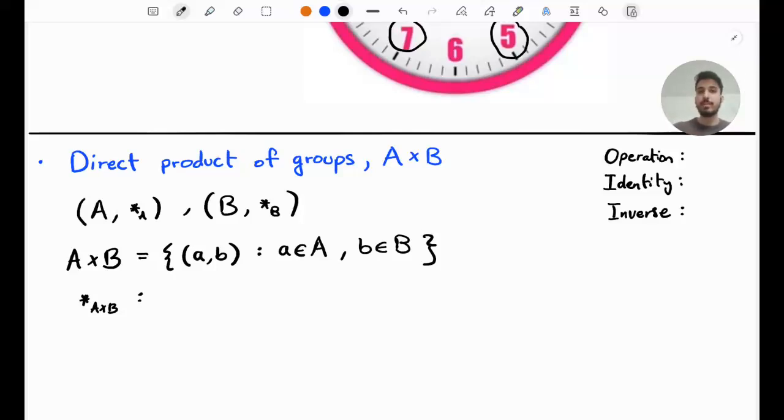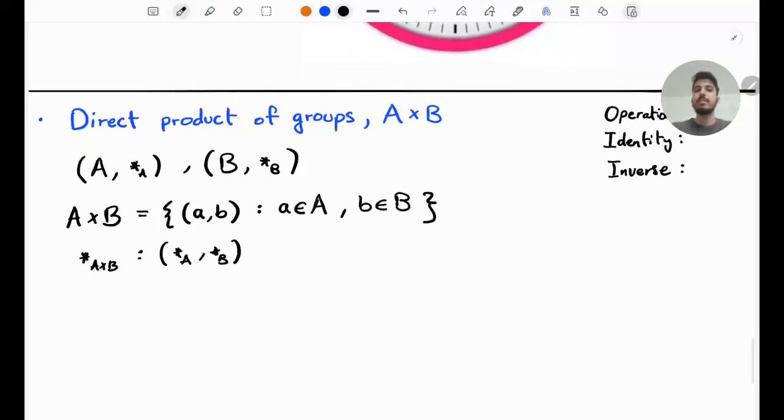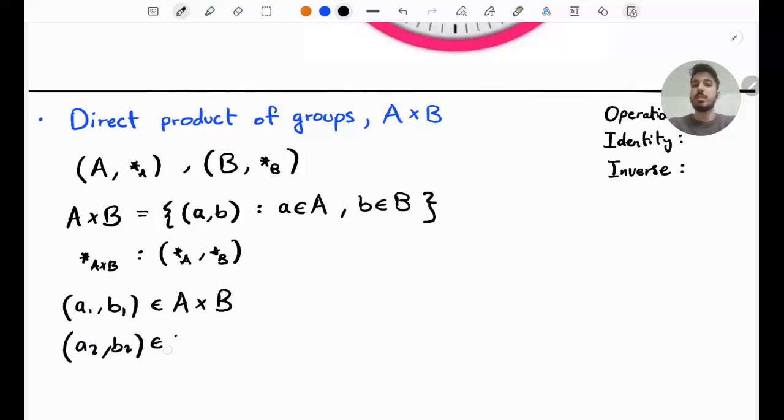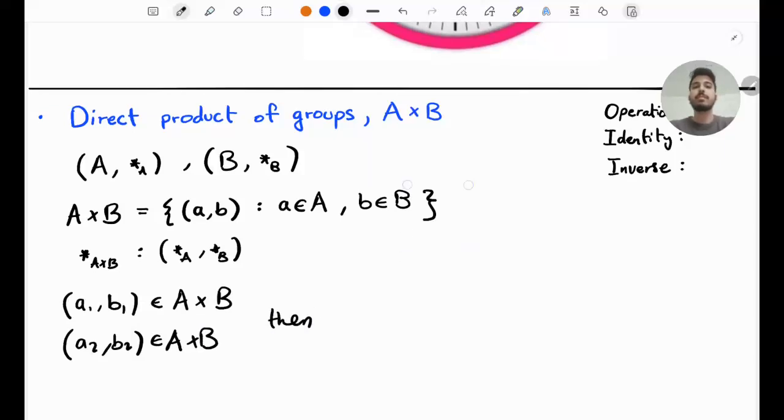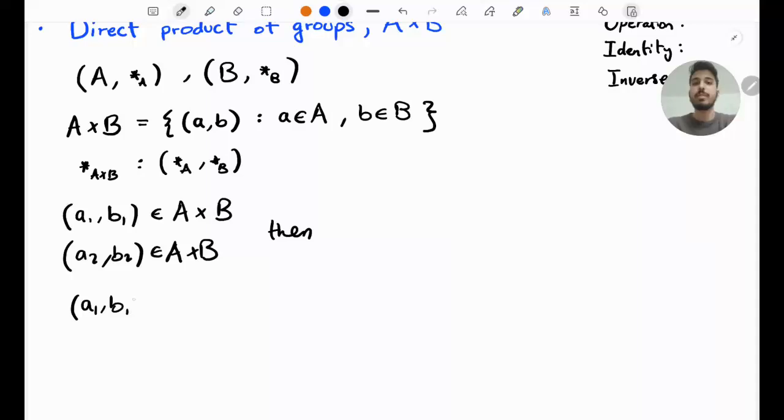It takes the operation of A and the operation of B. So in the left component, we apply the operation of A, and in the right component, we apply the operation of B. So, for example, if (a1, b1) is in A cross B, and (a2, b2) is in A cross B as well, then let's apply the operation of these two elements together. (a1, b1) star (a2, b2) gives you a1 operating with the operation of A on a2, and b1 operating with the operation of B on b2.